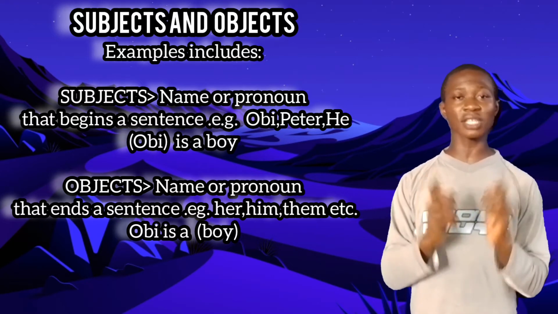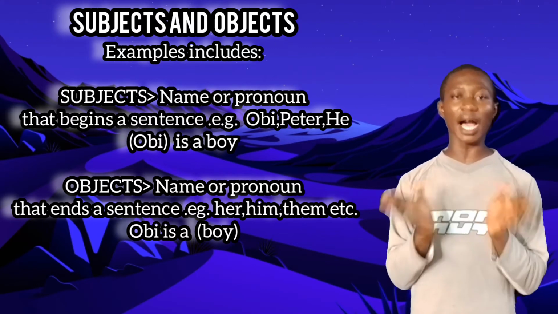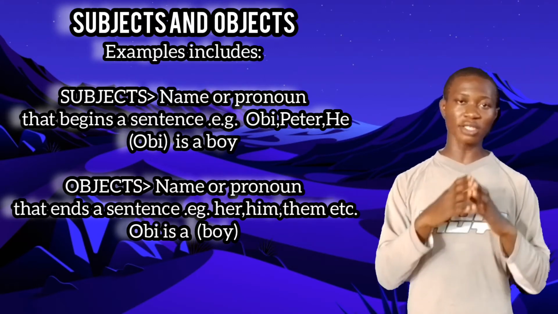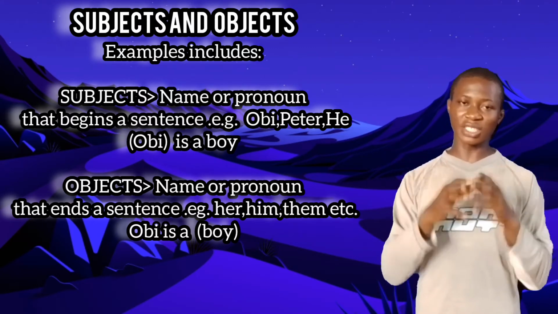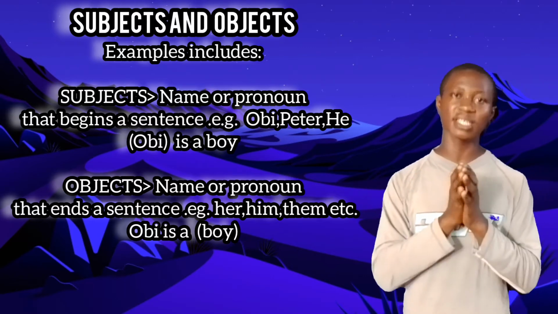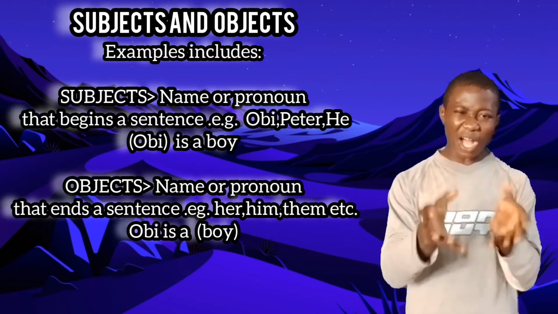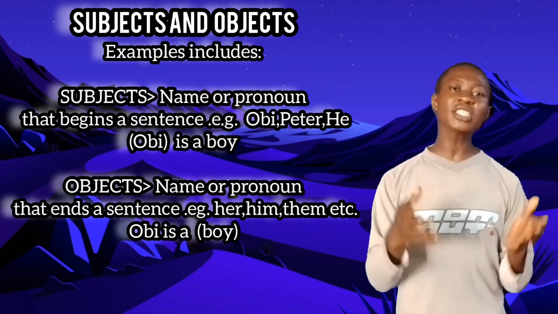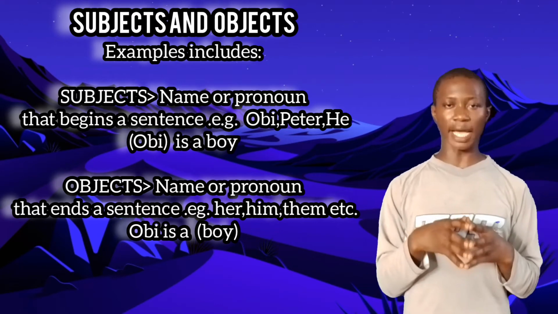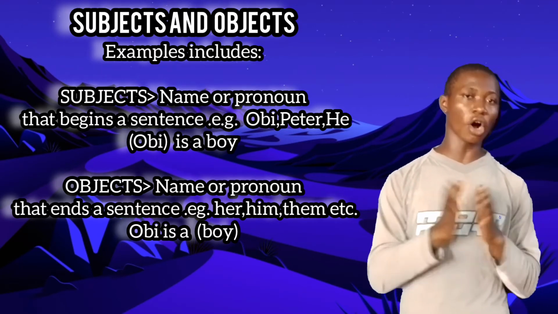The person that they are talking about in this sentence is Obi. So he's the one we are talking about, the main person there. So he's the subject. Looking at object, as we said, the object is the receiver of that action. Since the object receives the action, then in Obi is a boy, the word boy that ends that sentence is the object.